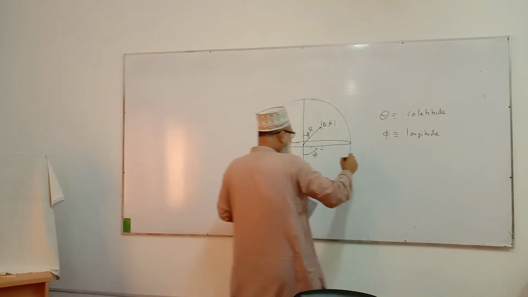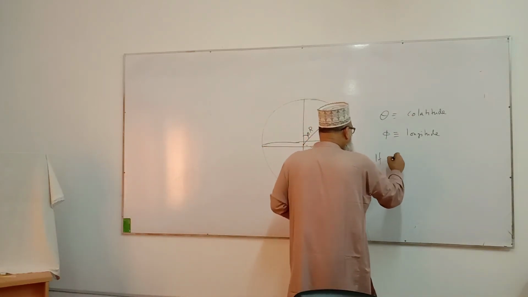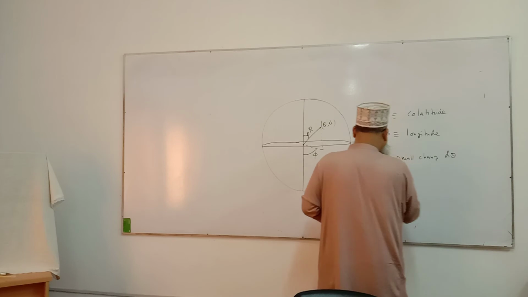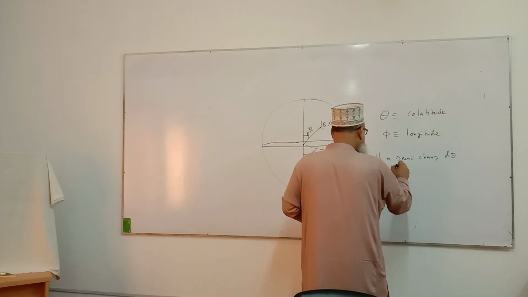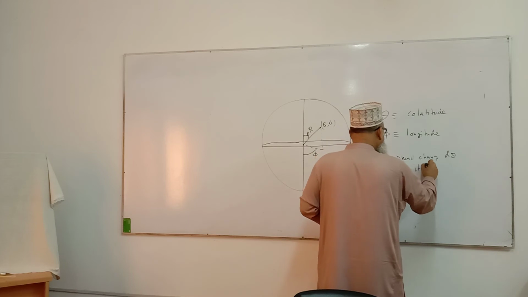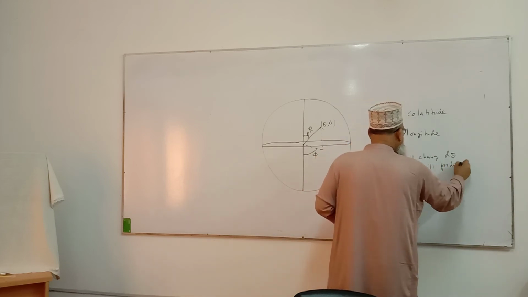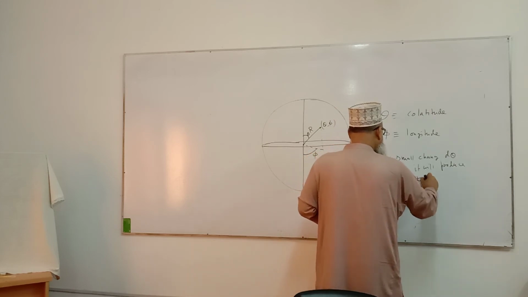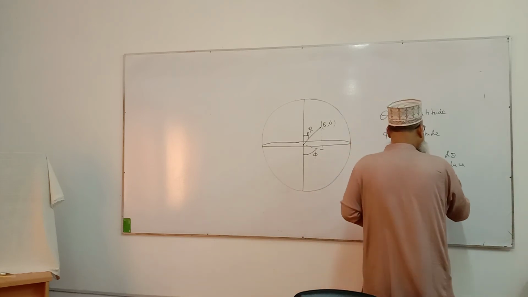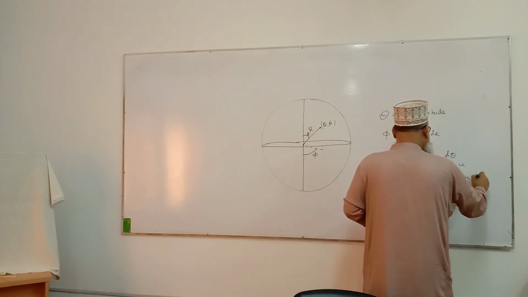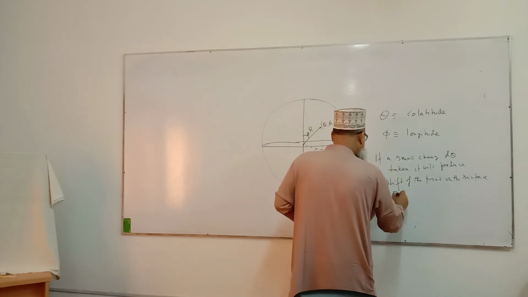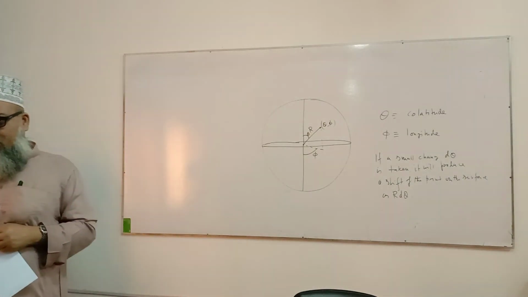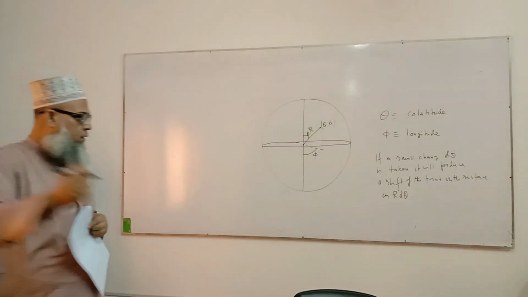Now, if a small change d theta is taken, it will produce a shift of the point on the surface as R d theta. Understood? A small change in theta will produce a shift on the surface R d theta.